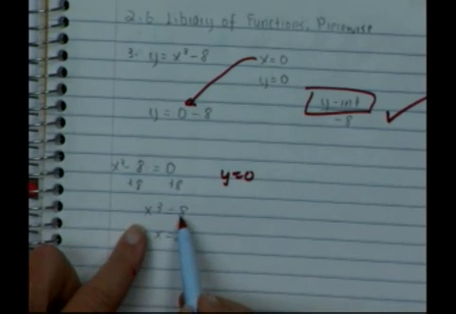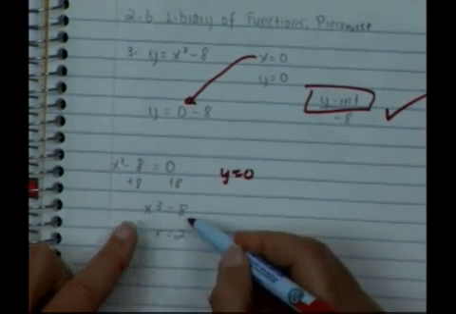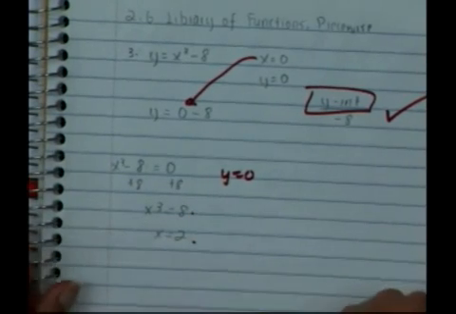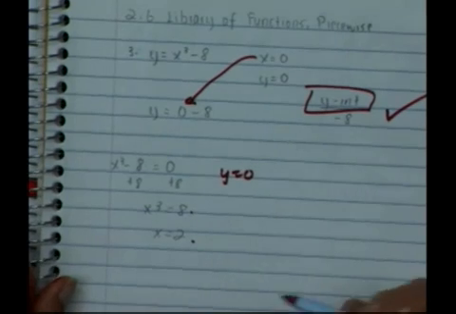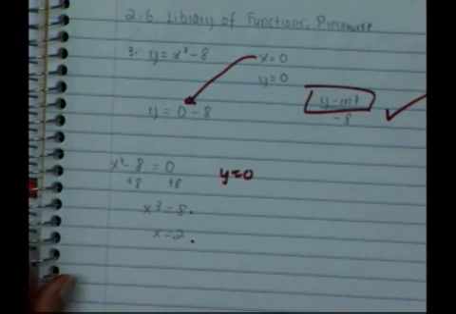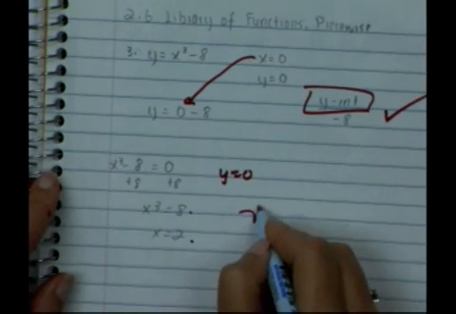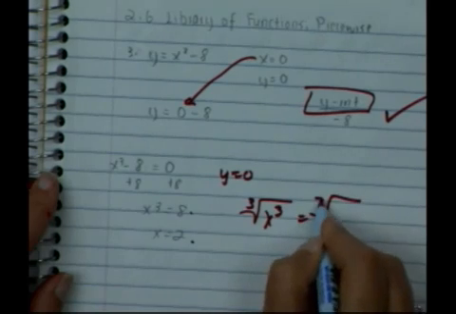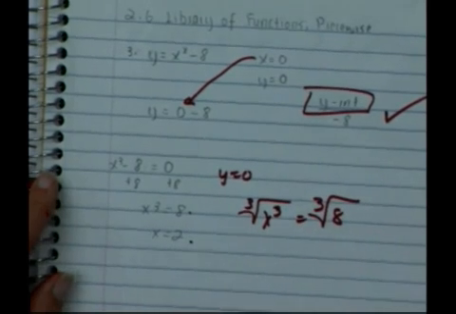If you have x cubed equals 8, your answer is correct, but what do you do from this step to this step to solve for x? How do you get rid of that cube exponent? Take the cube root of both sides. So you basically took the cube root of both sides.